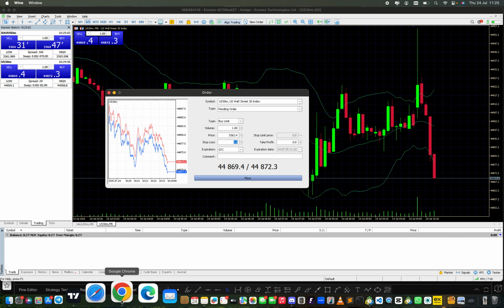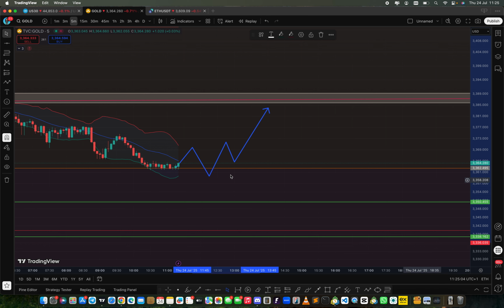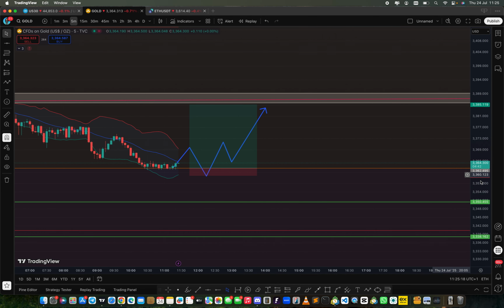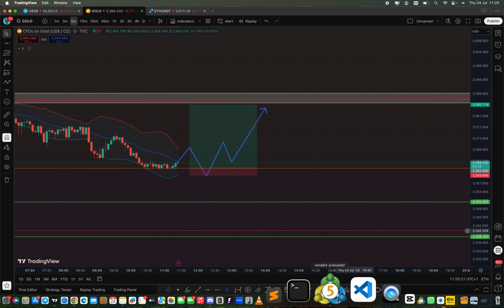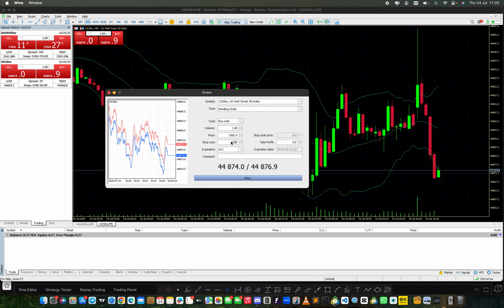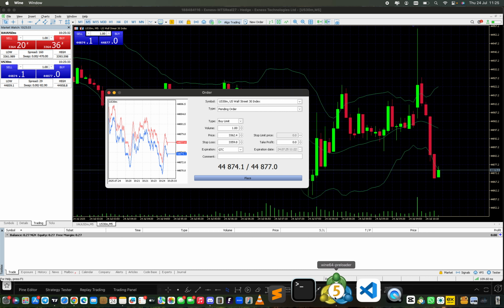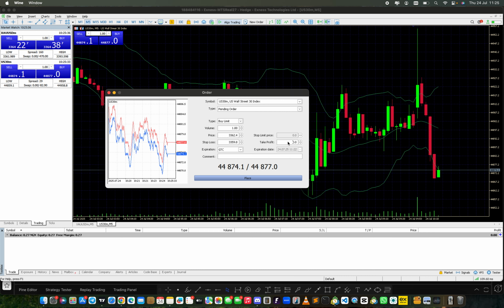Let me look out for my stop loss. Okay, good. My stop loss is at 3359.8. Then my TP is 3385.9. So once you do that, you can now place an order.